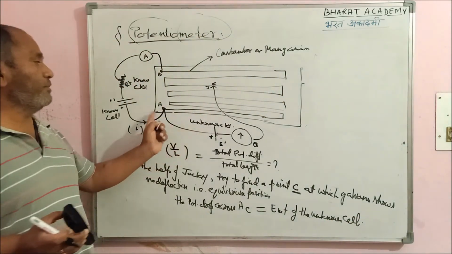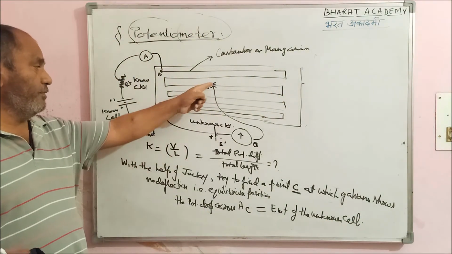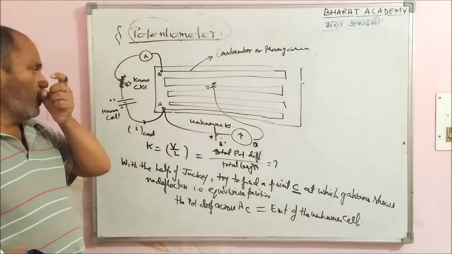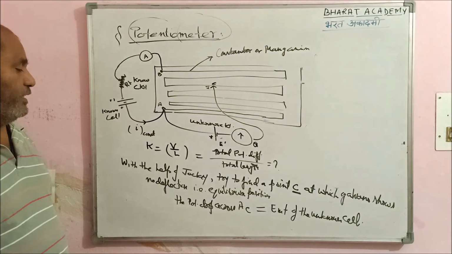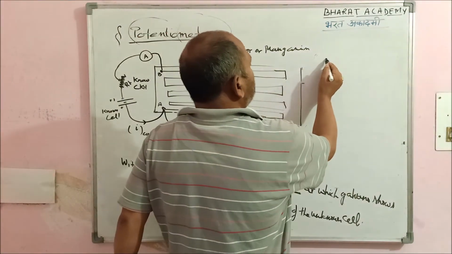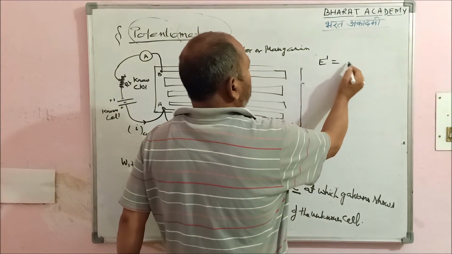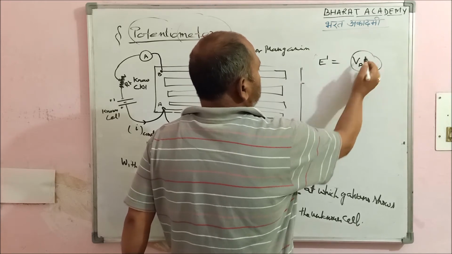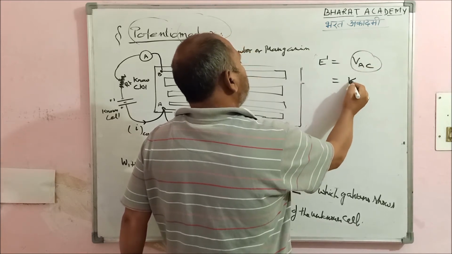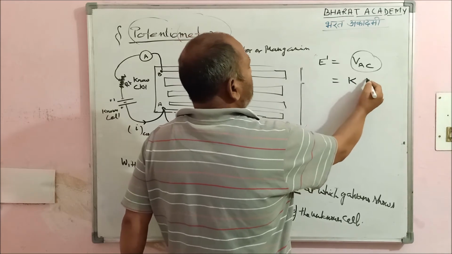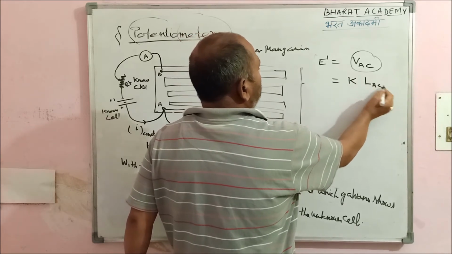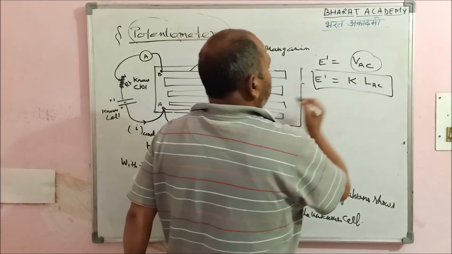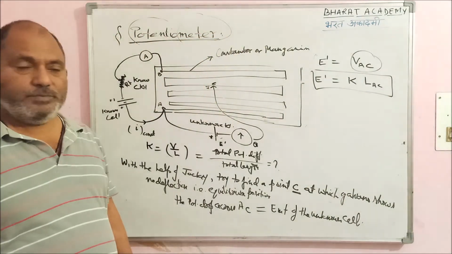Because it is being balanced by this length. In this condition, the EMF of this unknown cell will be just equal to the potential drop across AC. That is, if I want to calculate the unknown as E dash, it will be equal to VAC. What will be VAC? According to the principle of potentiometer, it will be K times LAC. This will give you the value of the unknown EMF.